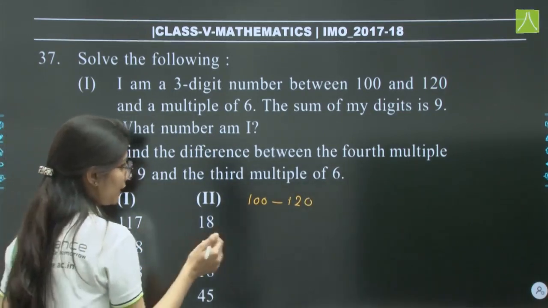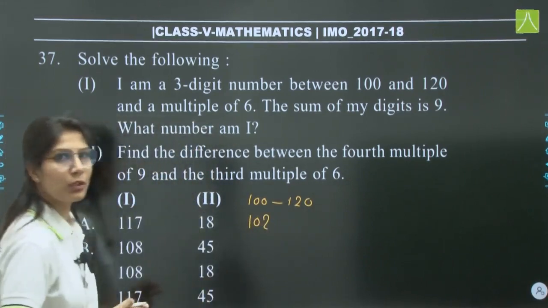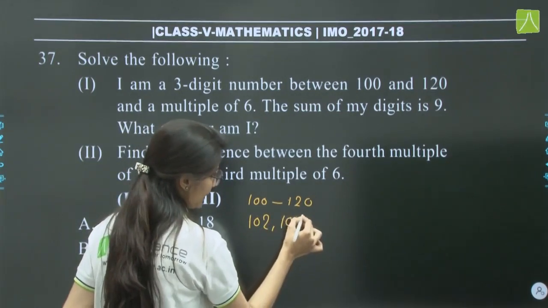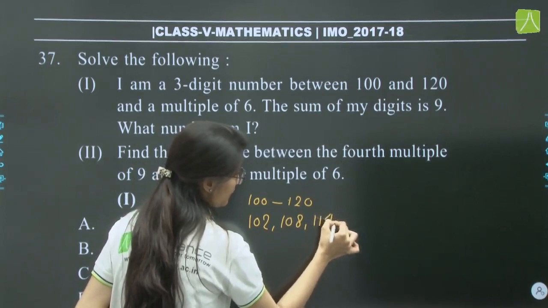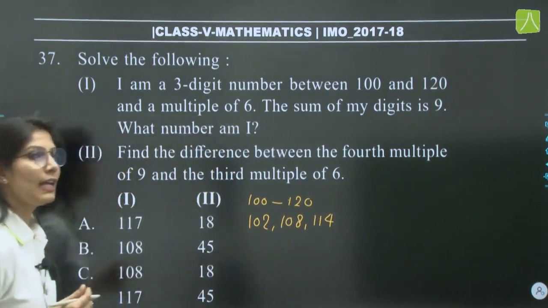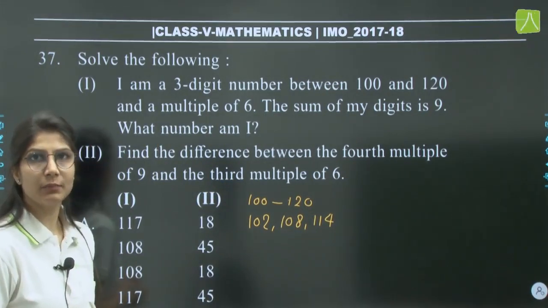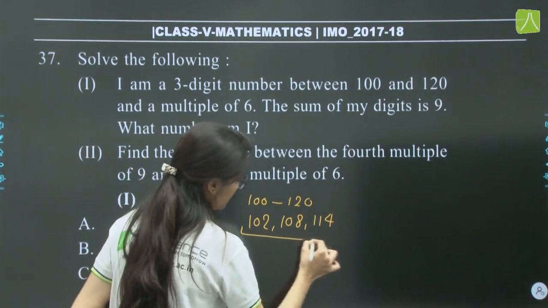So if you check 100, 102. 102 is a multiple of 6. So after 102, the next multiple will be 108 and after 108 just plus 6 you get the next multiple, that will be 114. And after 114 अगर आप plus 6 करते हो तो 120 आता है, but we cannot take this 120. So we have only these 3 possible values.